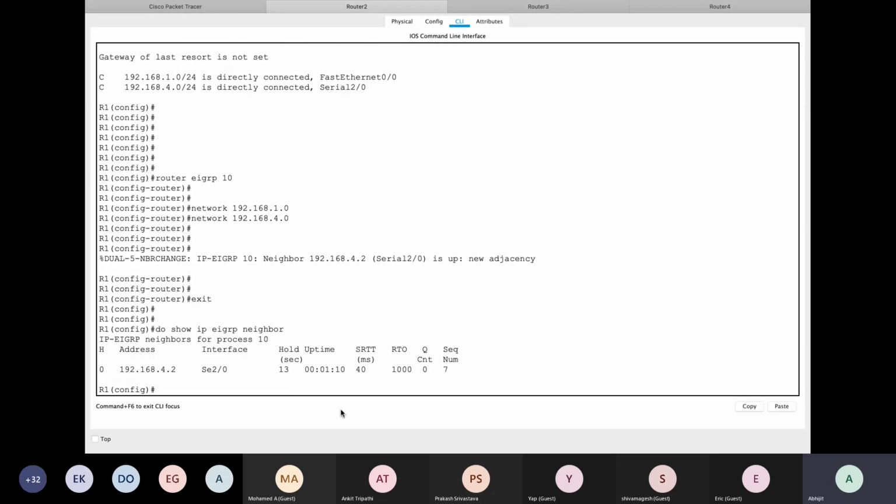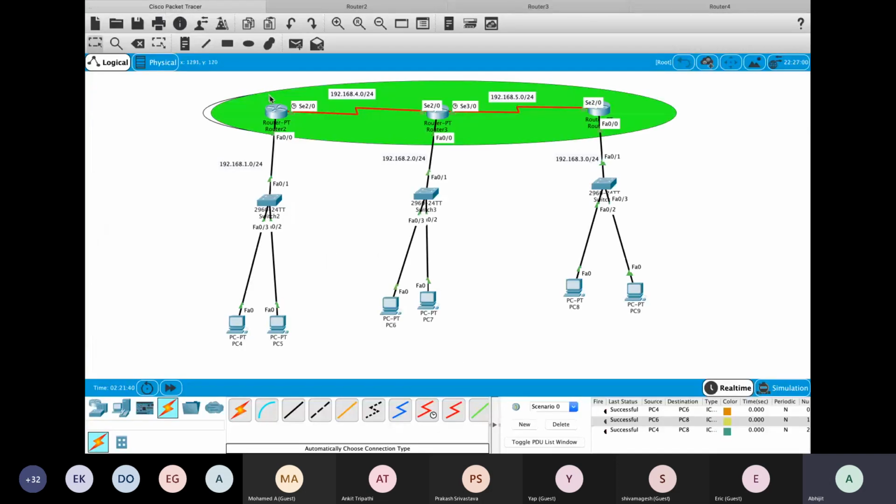When you run this command, you will get to know about the EIGRP neighbor that you have, which is just one neighbor. Which means that from the perspective of R1, R1 is not directly communicating with R3. R1 is only communicating with R2 for now.